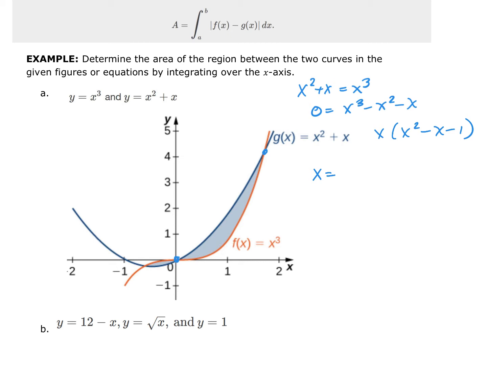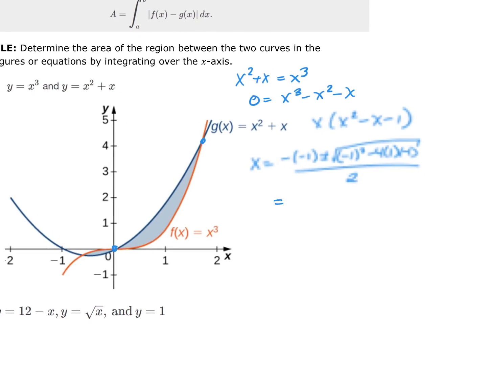the quadratic formula. So I have negative 1 plus or minus the square root of negative 1 squared minus 4 multiplied by 1 multiplied by negative 1, all divided by 2. So the second place in which this will cross is 1 plus or minus the square root of 5, over 2.